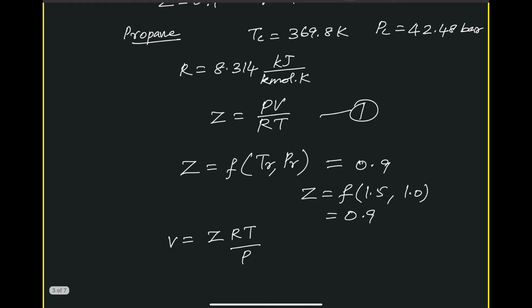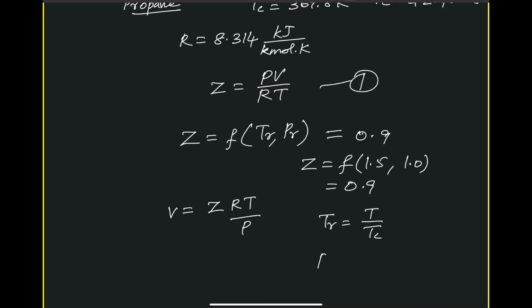So what are T and P in connection with TR? TR is equal to T by TC. Likewise, PR is equal to P by PC, where PC is the critical pressure and TC is the critical temperature.